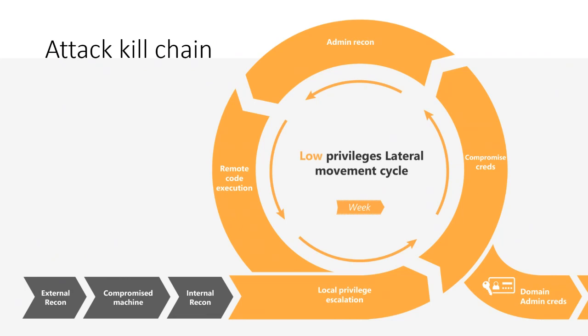And with admin credentials, they may try to compromise the main admin. Of course, it will not be very quick. It's a number of steps, and it takes time to do the research. But that's how it looks like. And as you can see here, it may take a week or even more.